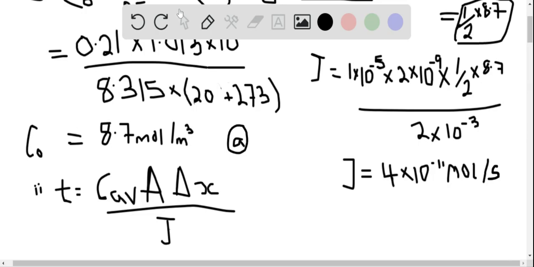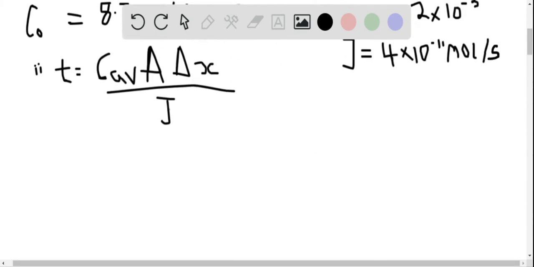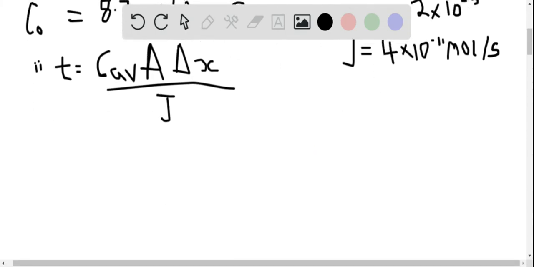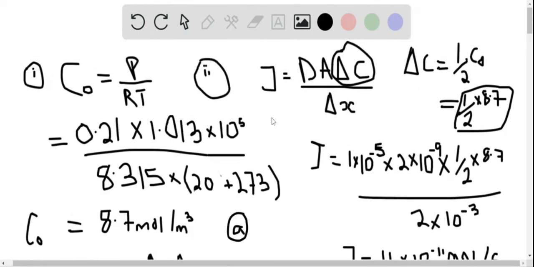Using the third formula, T is equal to the average concentration multiplied by the cross-sectional area multiplied by x divided by the diffusion rate. So now we've found the diffusion rate, which is 4 times 10 raised to negative 11 moles per second.